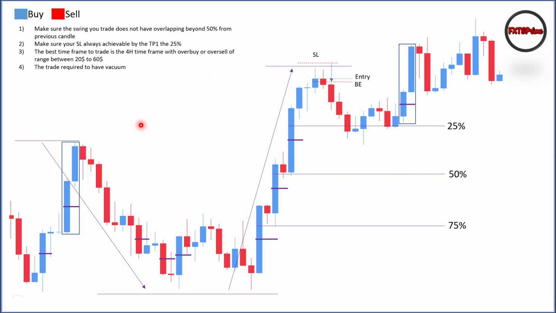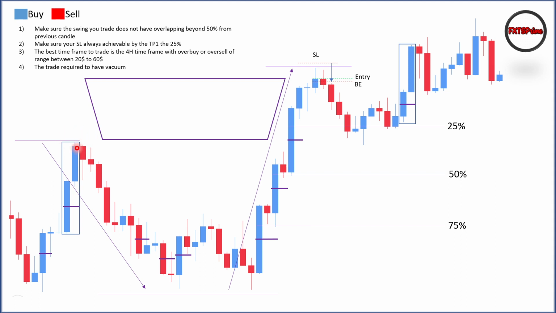Fourth thing, which is very important, guys, you need to make sure that you are trading in vacuum. What does it mean? When we say in vacuum, that means the area from the moment you place the trade until the moment you reach the first target, you need to make sure that there is no resistance and no support.